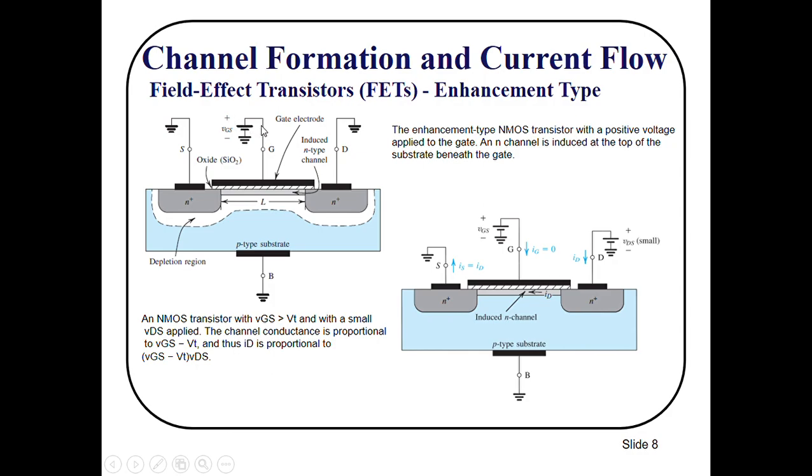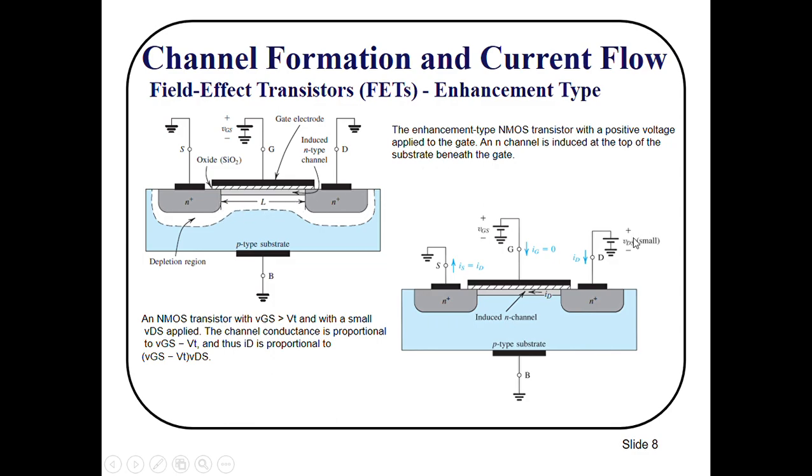If you start applying this Vg, because of the electric field, this Vg is a positive voltage, so it will attract the electrons on this surface and repel the holes. When your Vg becomes equal to Vt, then a channel, an inversion layer, will be induced here, but still there is no current flow.